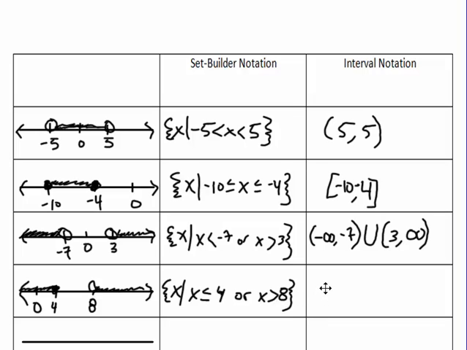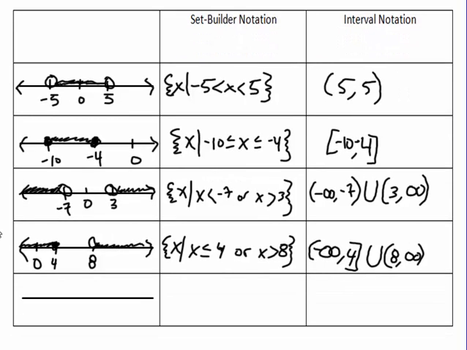In interval notation, we would say -infinity, and again, I cannot include -infinity, to 4. Now that's included because it's a closed dot. And then union, and here we go from 8 all the way until we get to infinity. Let me close it. All right.